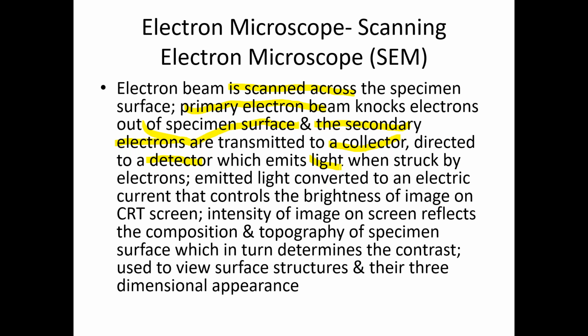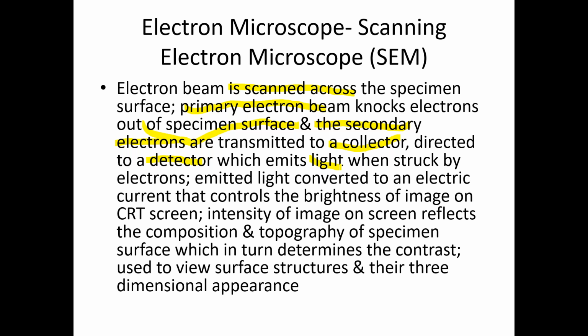So similar to this happens in your transmission electron microscope, but there are no secondary electrons in transmission electron microscope. You have the electrons produced from the hot tungsten filament, which are directed to the specimen surface.